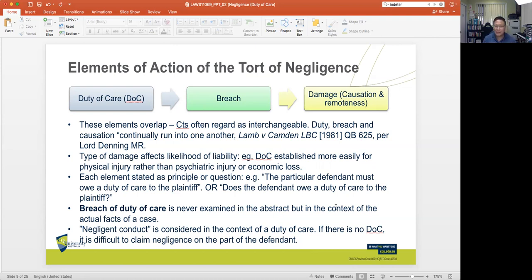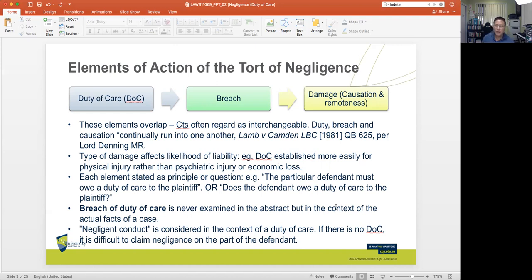In other words, you cannot look at breach without knowing what the duty of care is, because every single action of the tort of negligence has to be examined under its own specific circumstances. You might have a set of facts that are similar, but the end result can be different, as I show in the next slide.